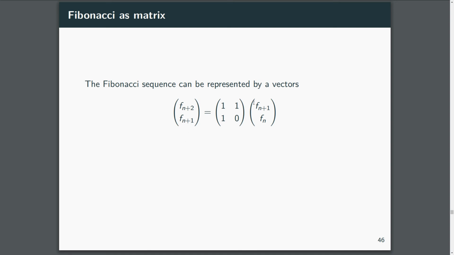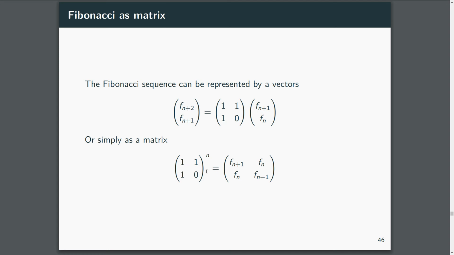So if you have two adjacent values in the Fibonacci sequence, and you multiply this matrix with it, then you will get a vector with the next value in the sequence, this value here at the top. And the idea here is we can use matrix multiplication.